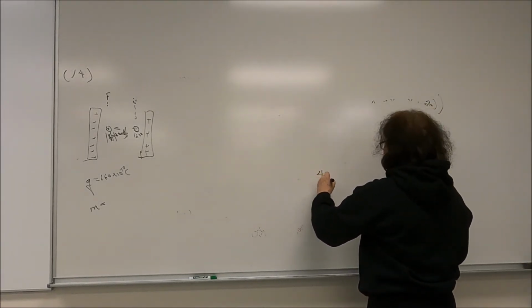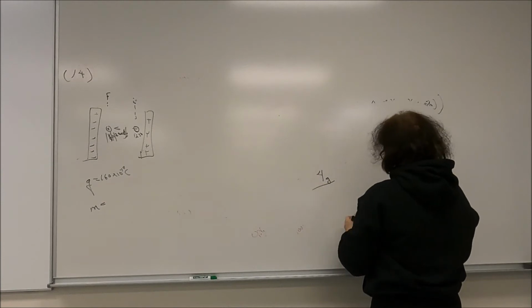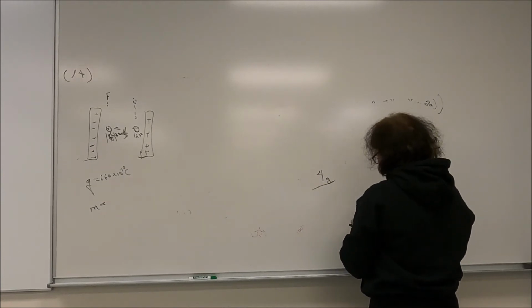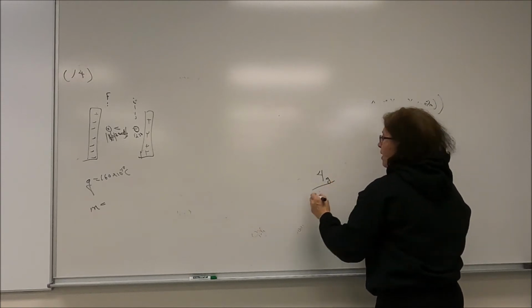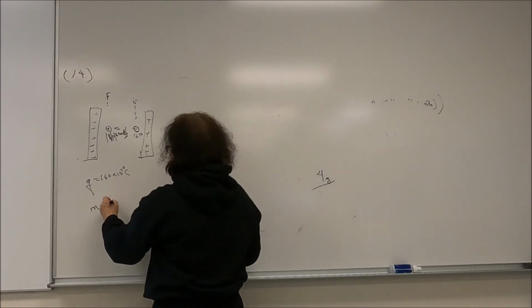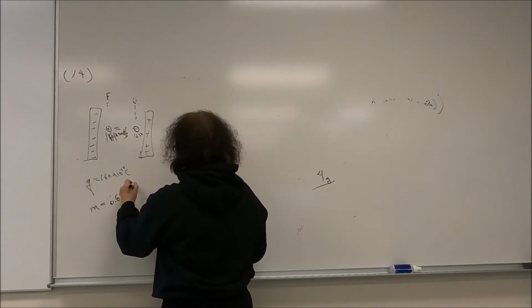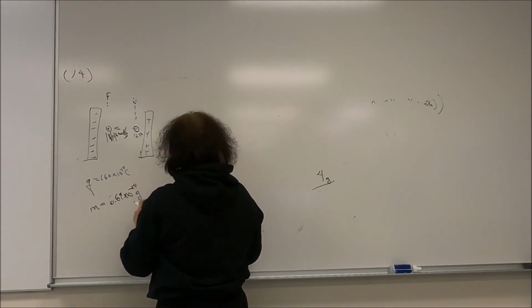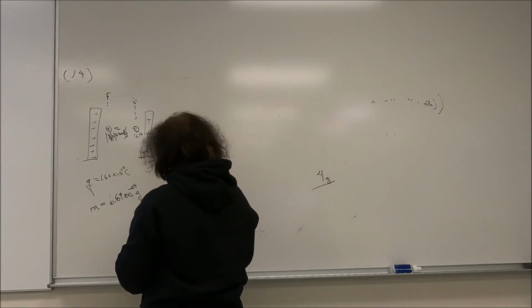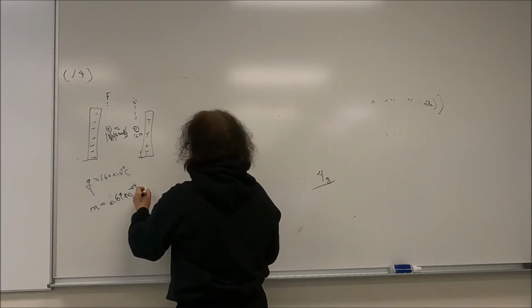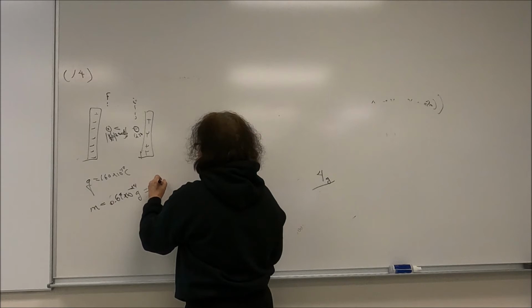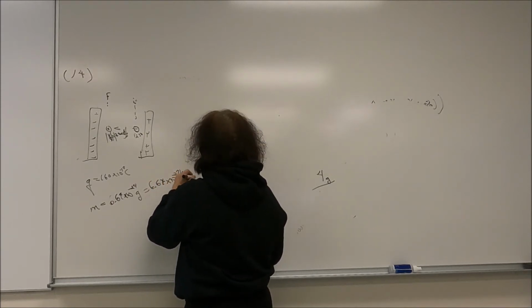So I have its mass is 6.64 times 10 to the minus 24 grams. So that's 6.64 times 10 to the minus 27 kilograms.